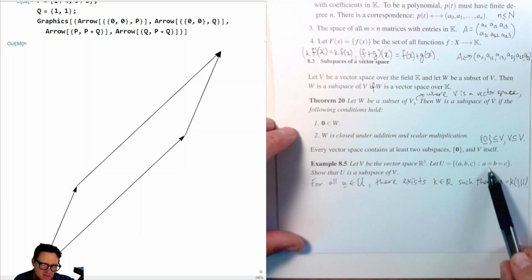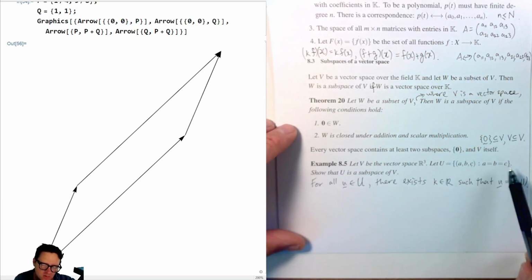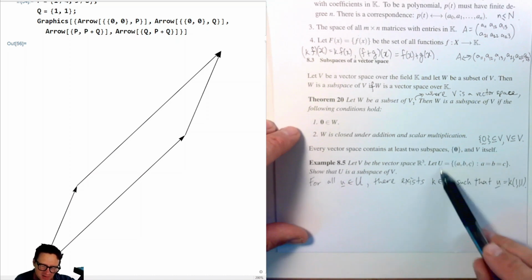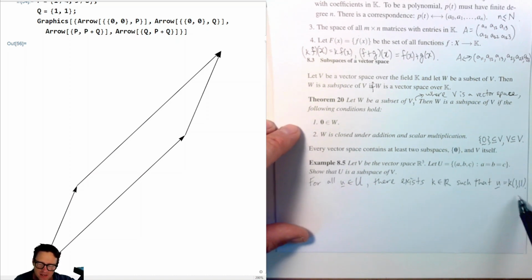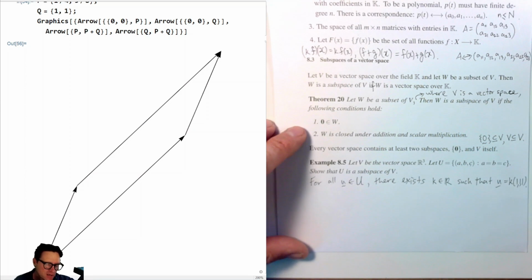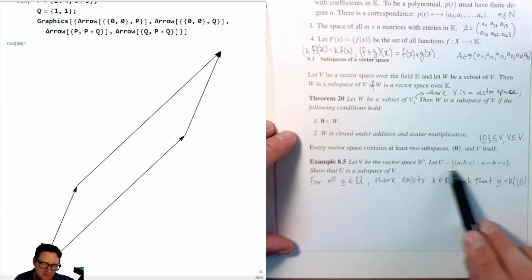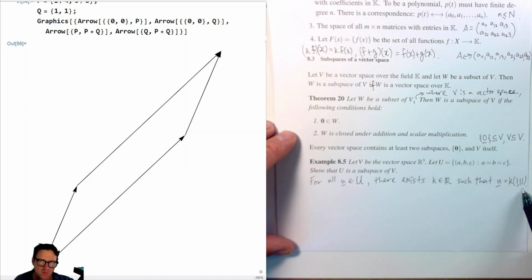Because if a, b, and c are equal to each other, then you can call them all a, factor that a out, and you have a times (1, 1, 1).